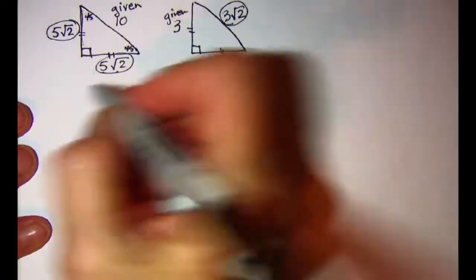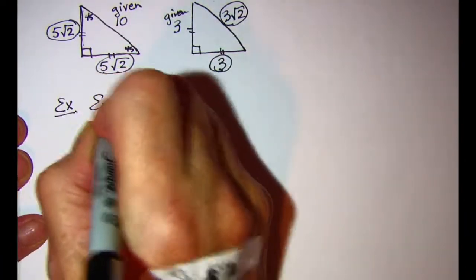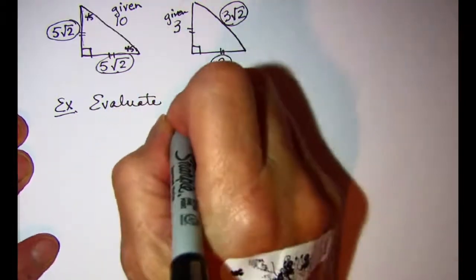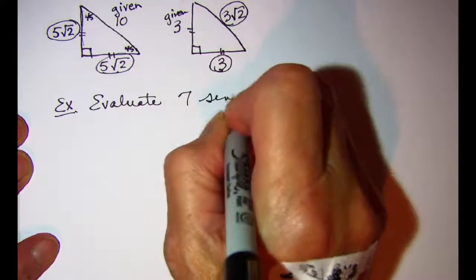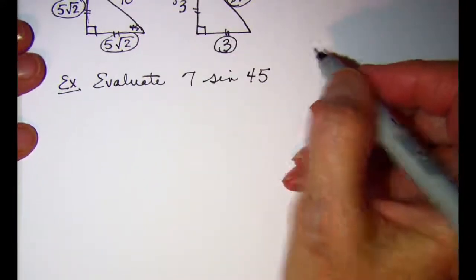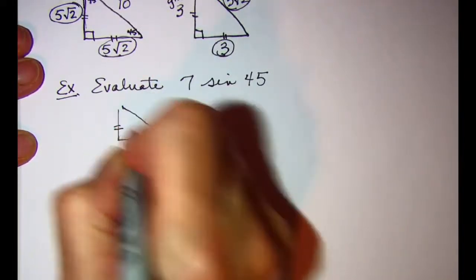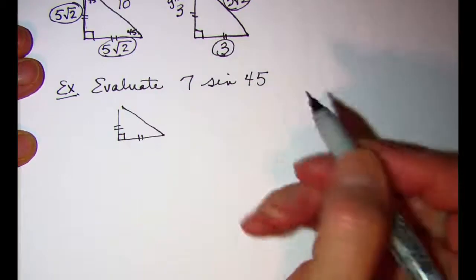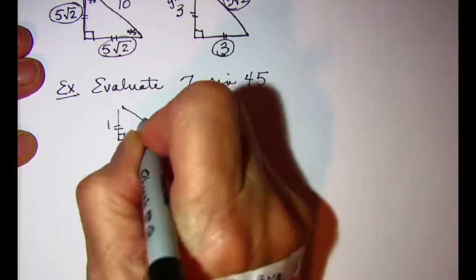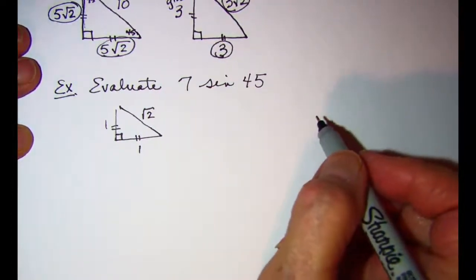Let's use these relationships to evaluate 7 times the sine of 45. So I would use 1, 1, root 2 as my side ratios.